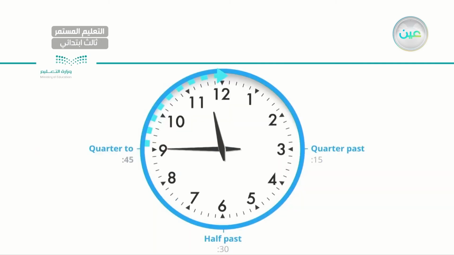Excellent. Now, if we take a look at this clock, as you can see, I have 15 minutes. I just go ahead and add 15 minutes. So we might say it's 11:15 or quarter past 11, 11:30 or half past 11, 11:45, or, now be careful, we don't say quarter to 11, we say quarter to 12.